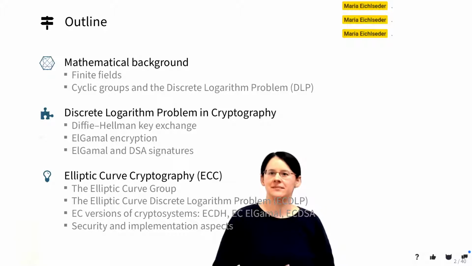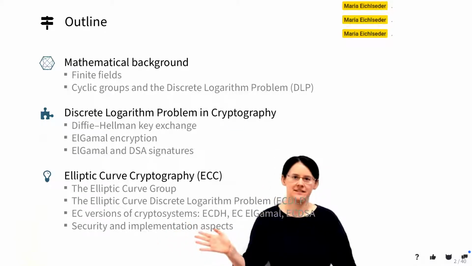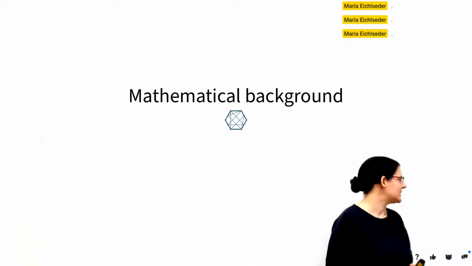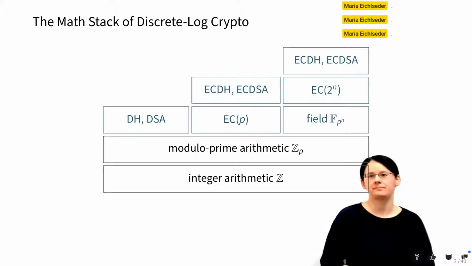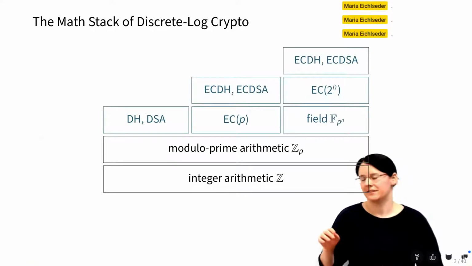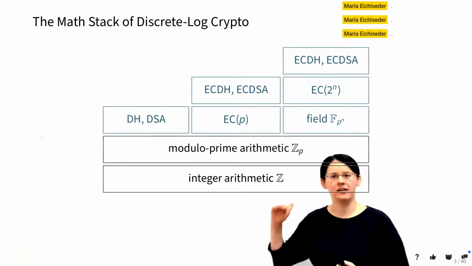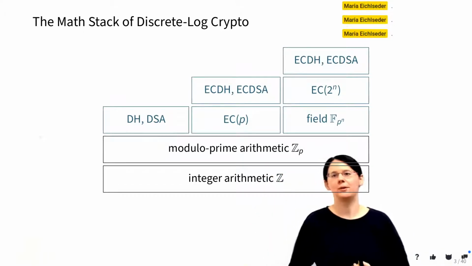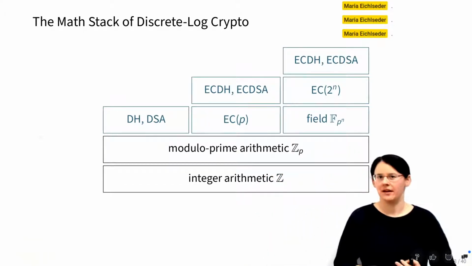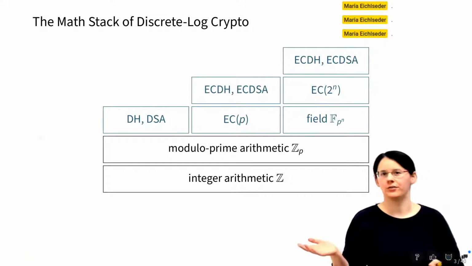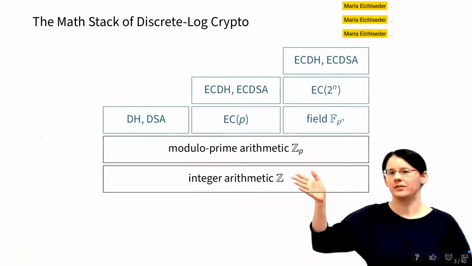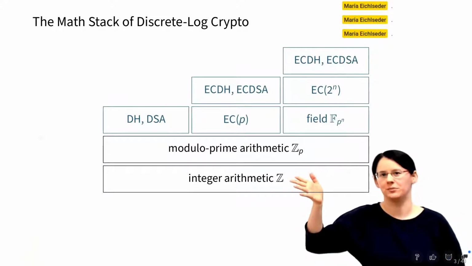Okay, so that's the plan for today. Let's start at the beginning, namely at some more background, because the stack of math ingredients that we will need will grow quite a bit today. What you already know is how to compute with integers.